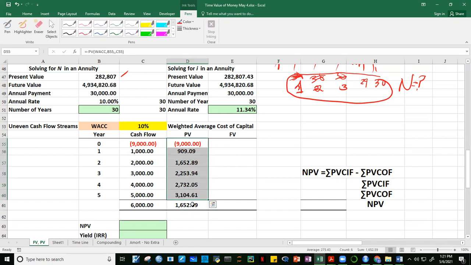Ang tanong, acceptable ba itong project na to? Okay. If you're the CFO, pwede bang acceptable ba yan, mag-i-invest ba tayo sa project na to given the cash flows? Answer please, yes or no?